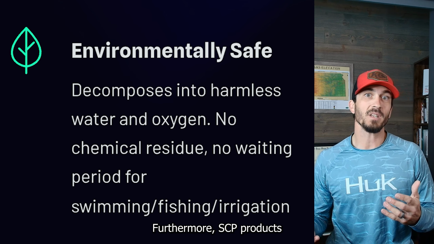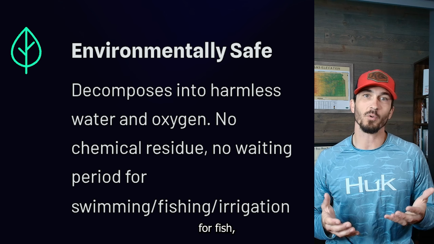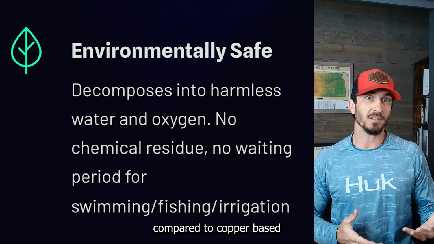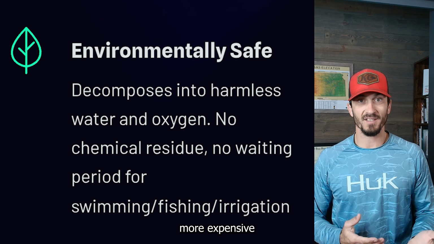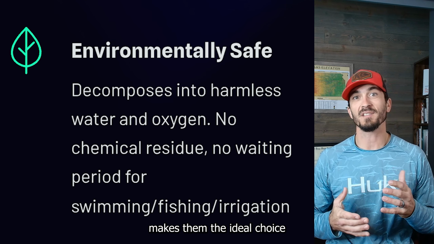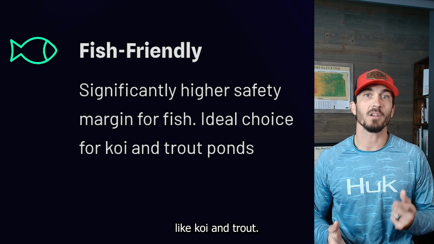Furthermore, SCP products have a significantly higher margin of safety for fish and most non-target aquatic organisms compared to copper-based algicides. While they can be a bit more expensive than copper products, their safety profile makes them the ideal choice for ponds with sensitive fish like koi and trout.